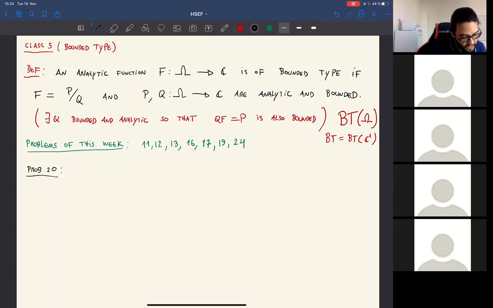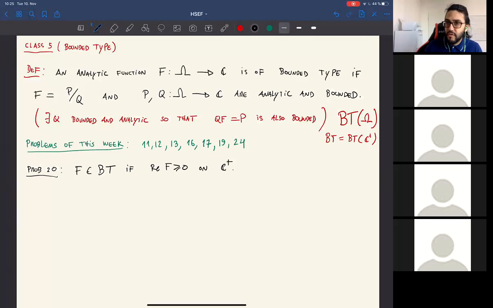So problem 20 is saying that F belongs to bounded type in the upper half plane if the real part of F is greater than or equal to 0 on C+.